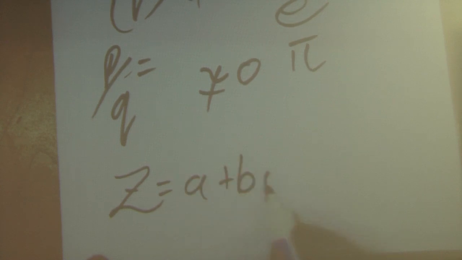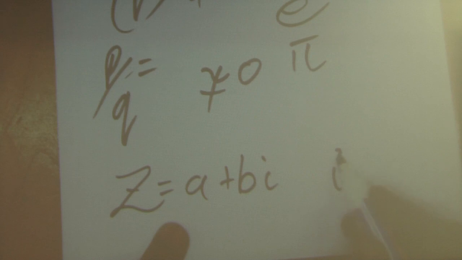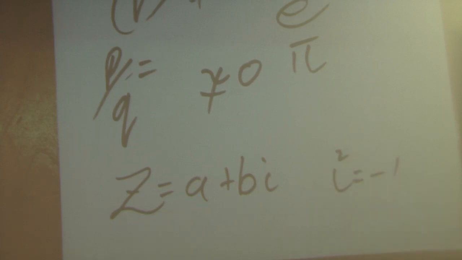And complex numbers basically are represented with the letter Z being equal to A plus B I, where A and B are real numbers and I is an imaginary number, or the square root of a negative number. Sometimes I squared is regarded as negative 1.